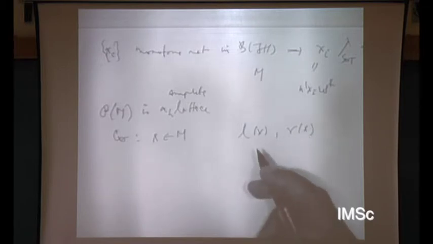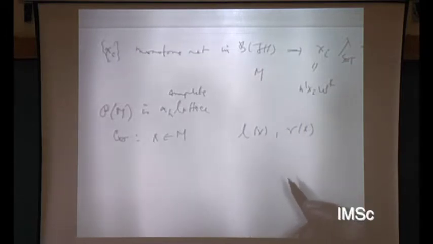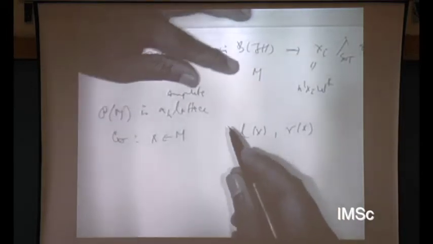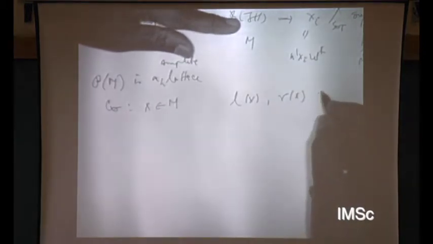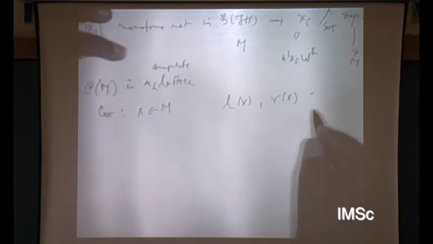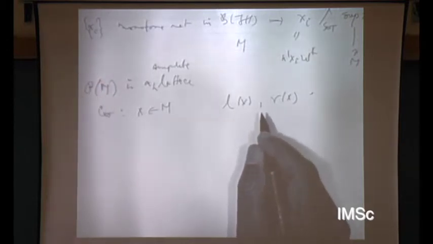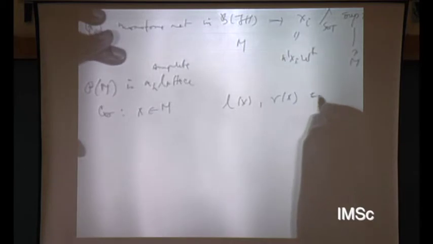The left support is actually the inf of all projections with the property that PX equals X. So, the inf of all projections, but why in M? They are projections in M.